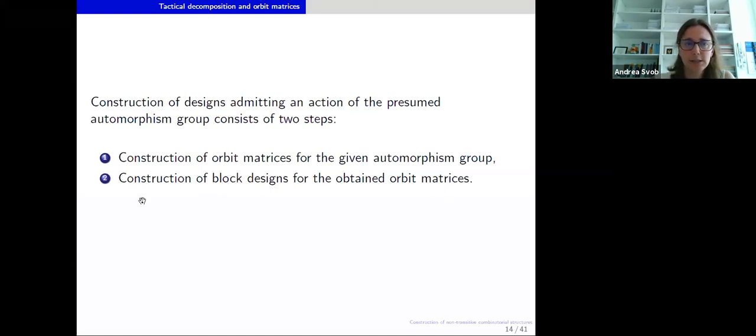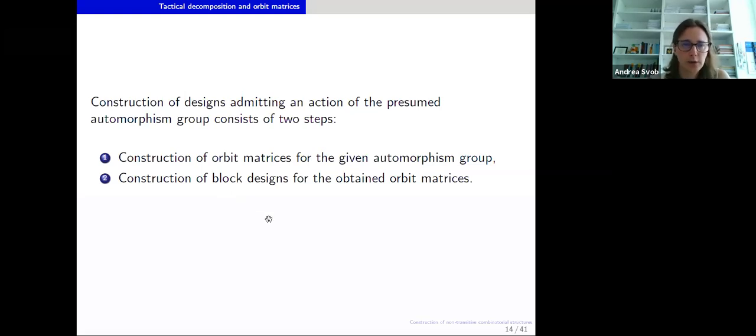This second step is called indexing. It is actually a very computationally hard method, in a way that from the given automorphism group and from the presumed action, you can obtain a huge number of orbit matrices. And from each of the orbit matrices, you can try to construct all possible block designs.